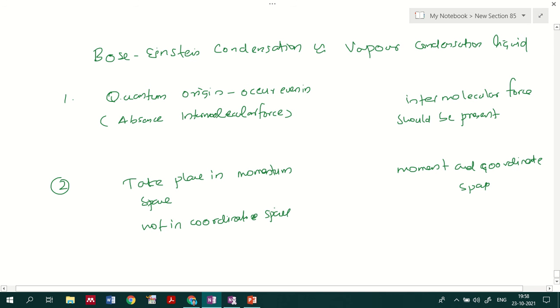That is a prime important difference between Bose-Einstein condensation and vapor condensation. But even then, you can consider vapor condensation as an analogy for the Bose-Einstein condensation.